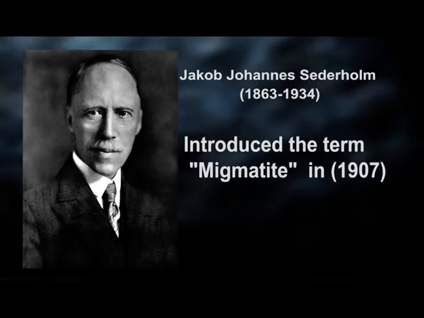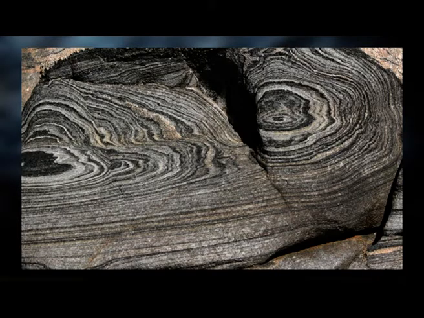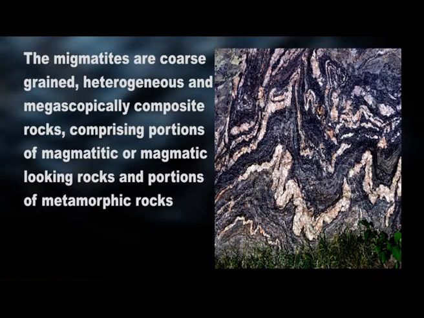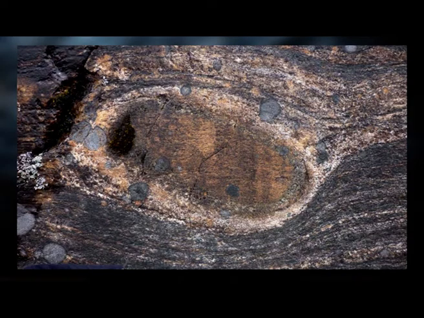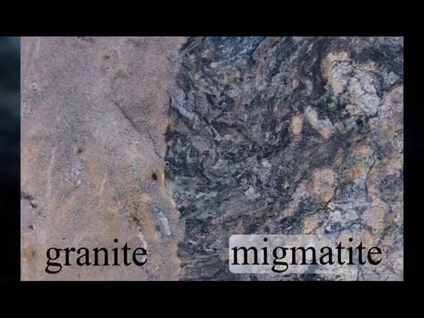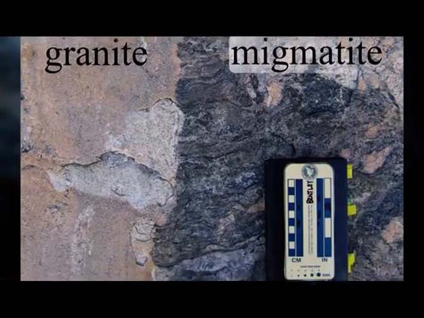The term migmatite was introduced by Sederholm in 1907. Migmatites are coarse-grained, heterogeneous, and megascopically composite rocks comprising a portion of magmatic-looking rock and a portion of metamorphic rock. The magmatic portion contains quartz and feldspar and hence is granitic or felsic in composition.